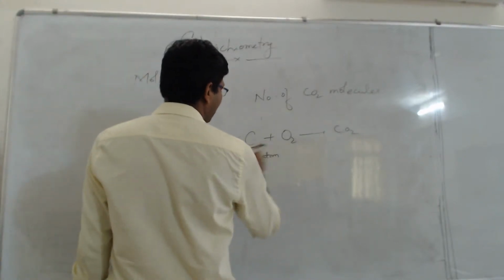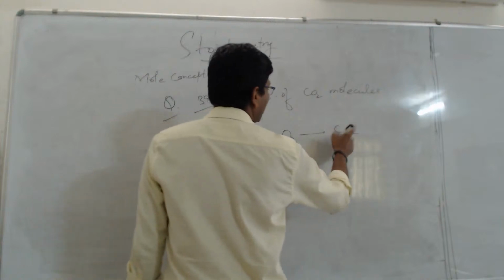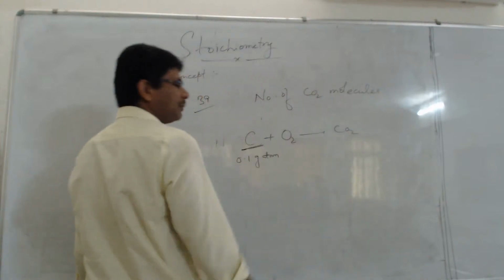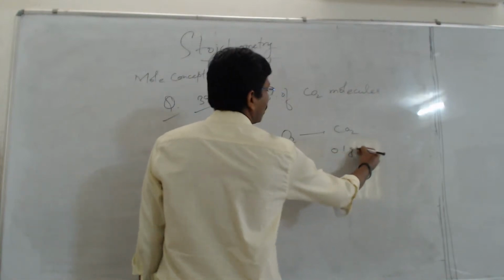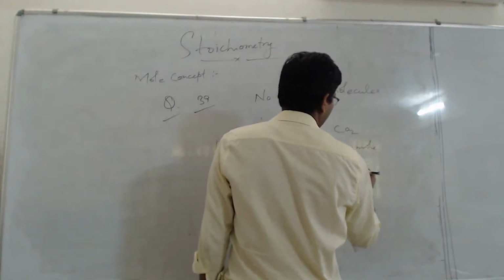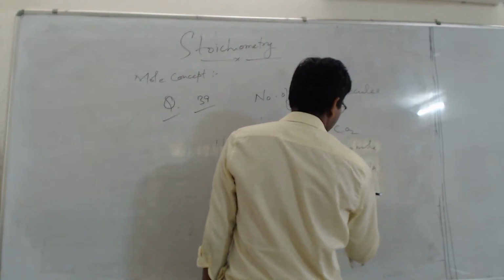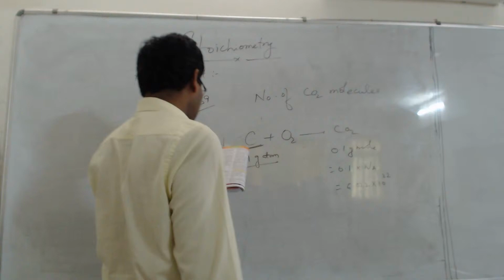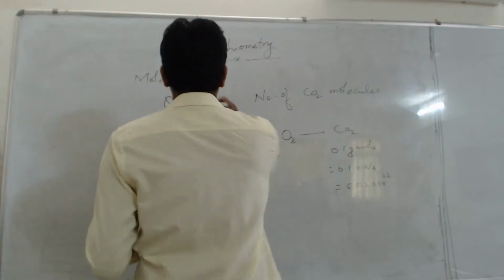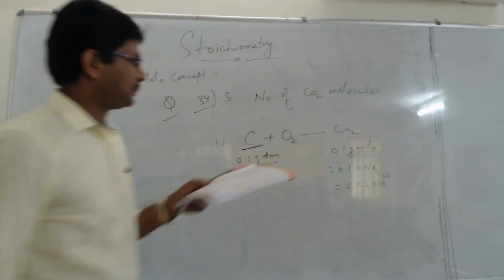So 1 gram atom gives 1 mole of CO2. So 0.1 gram atom will give 0.1 mole of CO2, that is 0.1 into Avogadro number. So this is 6.022 into 10 to the power 22. So for question 39, third is the correct choice.